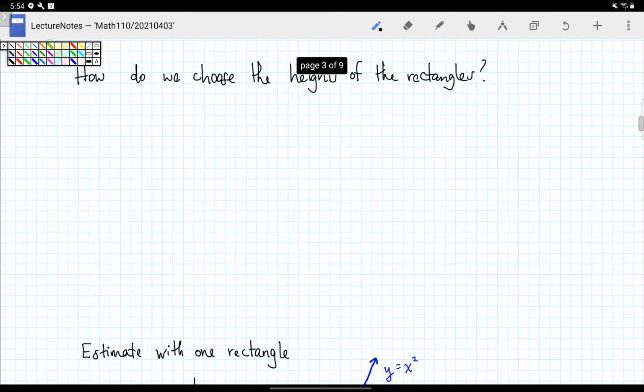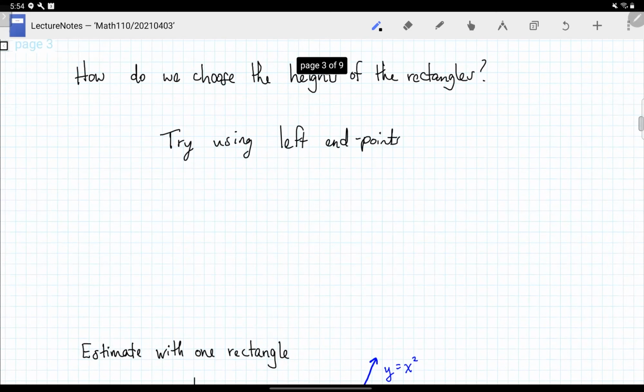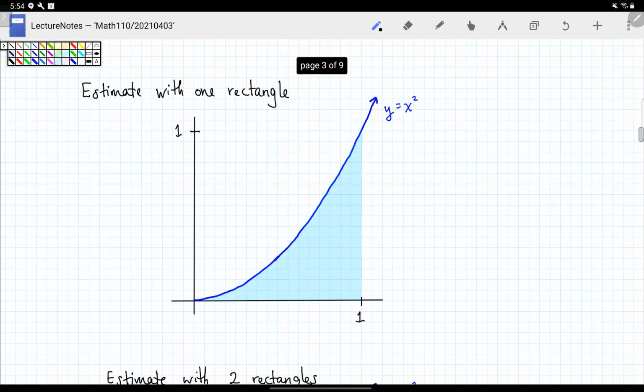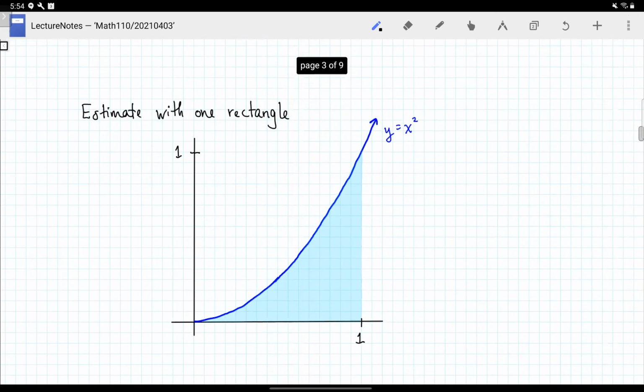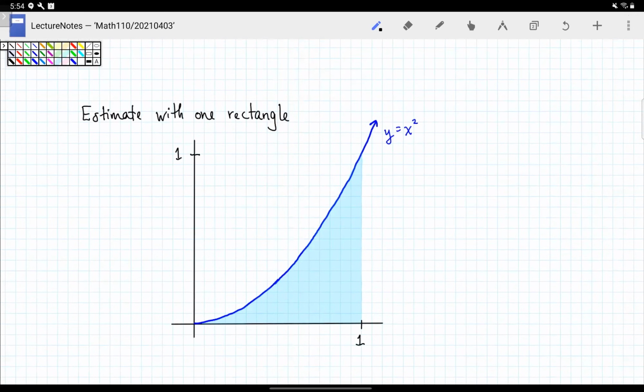And we're going to try now using left endpoints of each subinterval. So with one rectangle, again, it's going to look real dumb. My rectangle has a width of 1. And now to figure out the height of the rectangle, we're going to use the height of the function at the left endpoint of the interval. And at the left endpoint of the interval, the height is going to be 0.